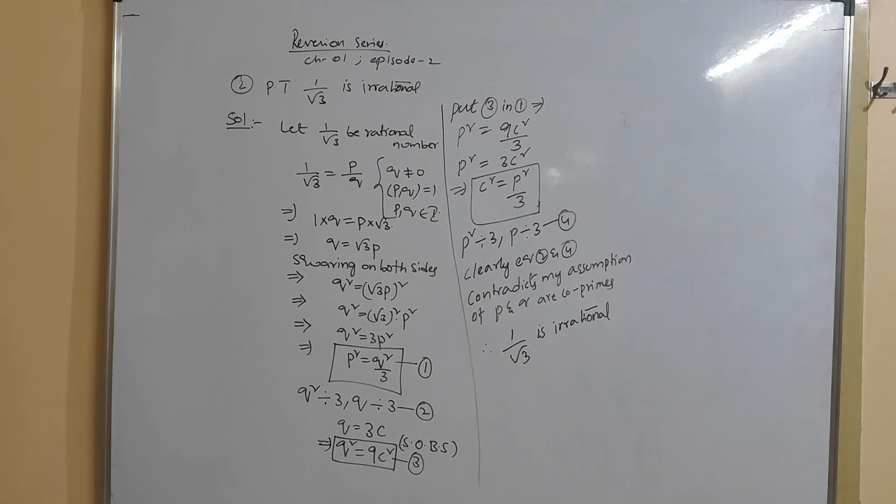Only one statement is enough: clearly equation 2 and 4. You have to be careful about the equations you take. The second equation shows that q is divisible by 3 and the fourth equation shows that p is divisible by 3. That is the reason I took those two equations. Therefore 1 by root 3 is irrational.